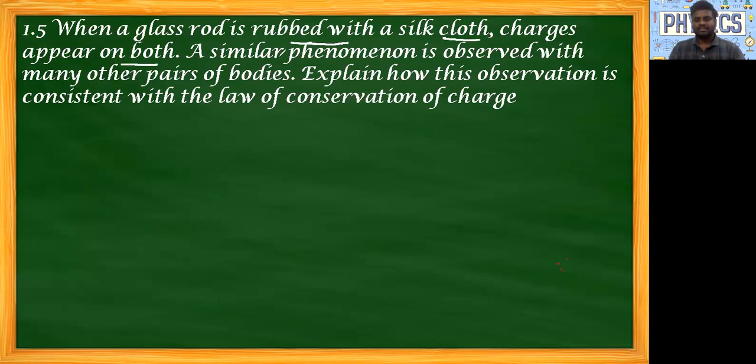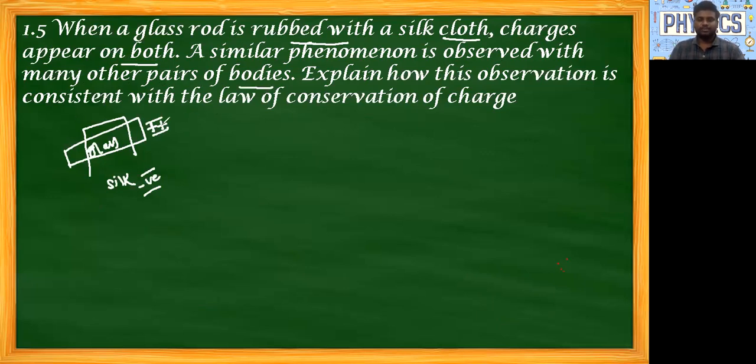We discussed this in the first part: when the glass rod is rubbed with the silk cloth, the glass rod becomes a positively charged body and the silk becomes a negatively charged body. A similar phenomenon is observed with many other pairs of bodies.